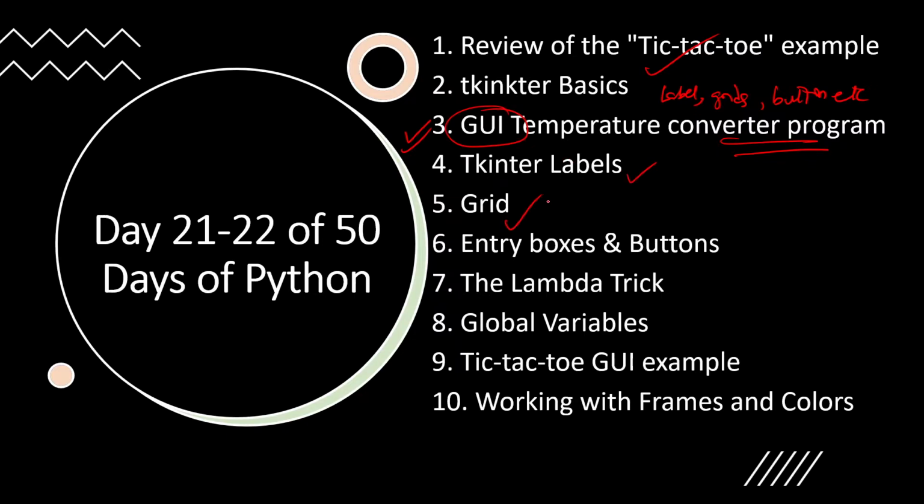We've seen entry boxes and buttons, and very importantly the Lambda trick. It was a magic. After that we saw the use cases of global variables.